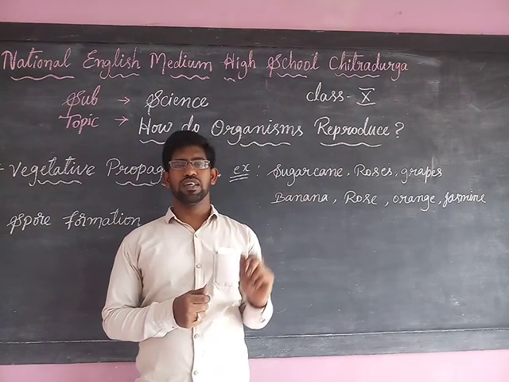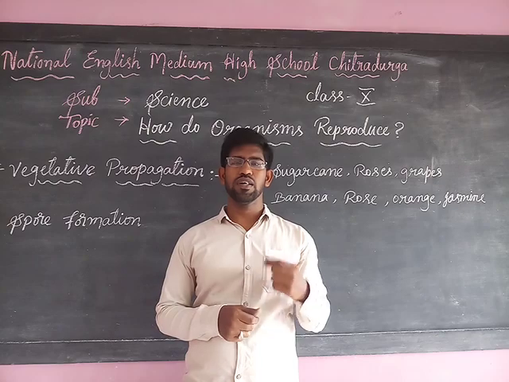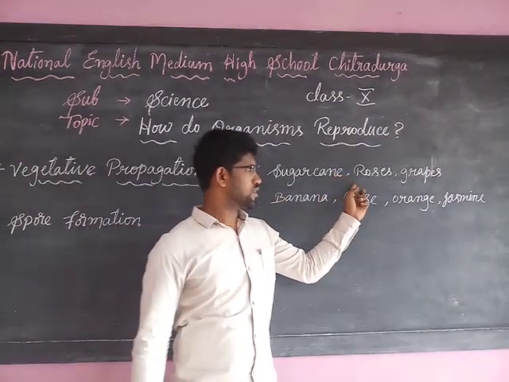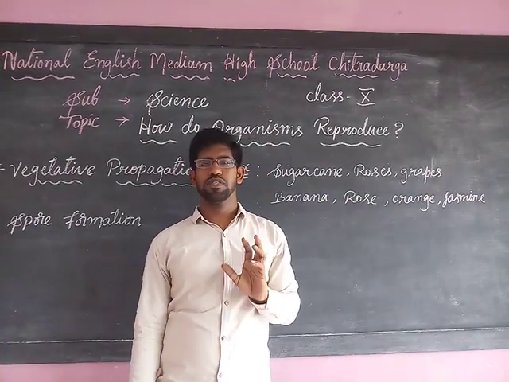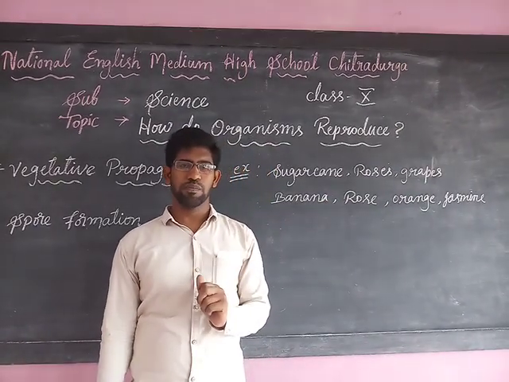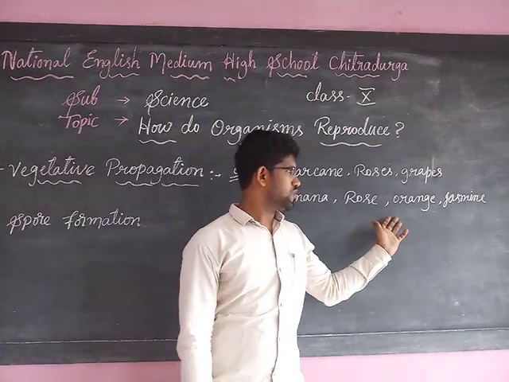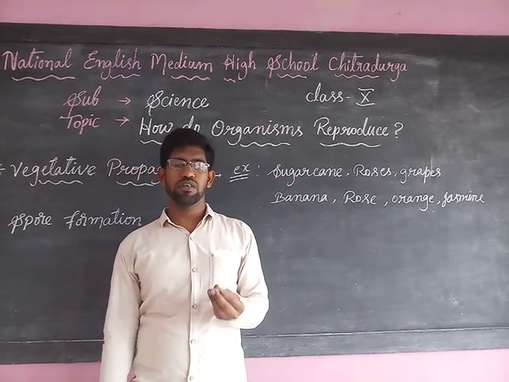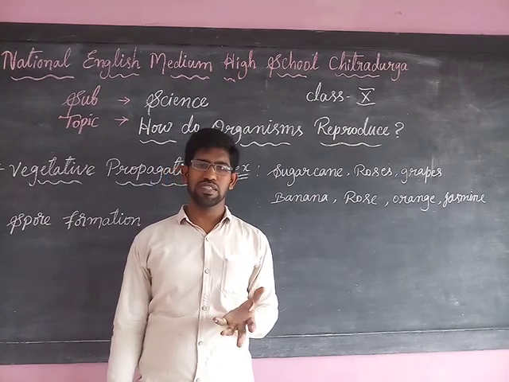That's why vegetative propagation is very important to grow plants such as sugarcane, roses, grapes. These are crops grown for agricultural purposes. And also banana, rose, orange, jasmine. These are crops we grow because they do not produce seeds.